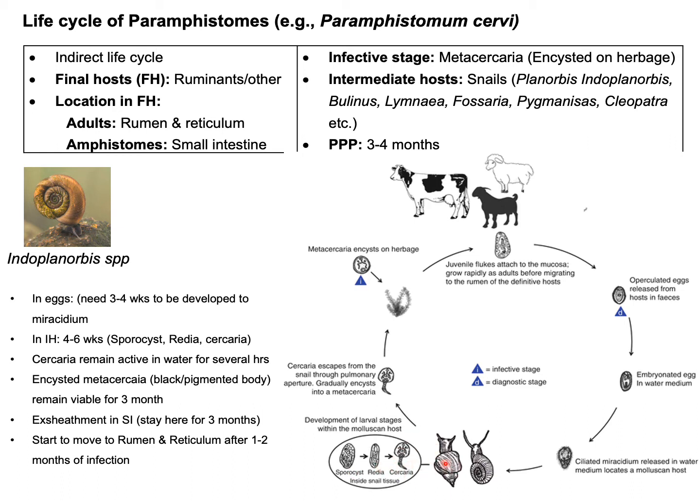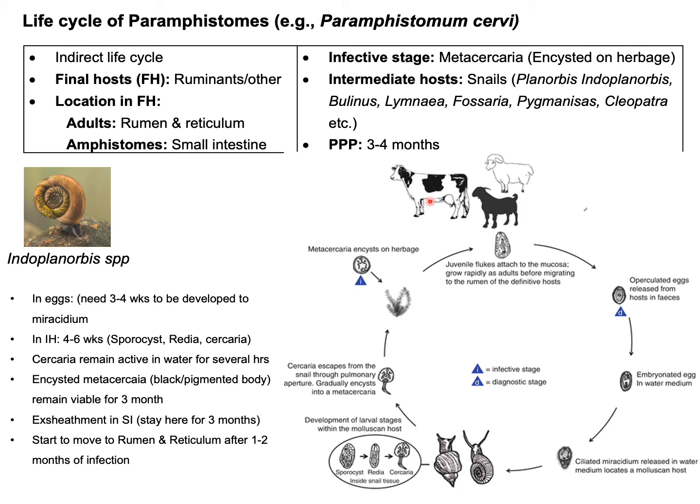Finally, the cercaria will leave the snail host and they will go for encystation. So encystation on the herbage or any kind of objects within a very short time, and afterwards final host will be infected after having this metacercaria on the herbage during foraging.